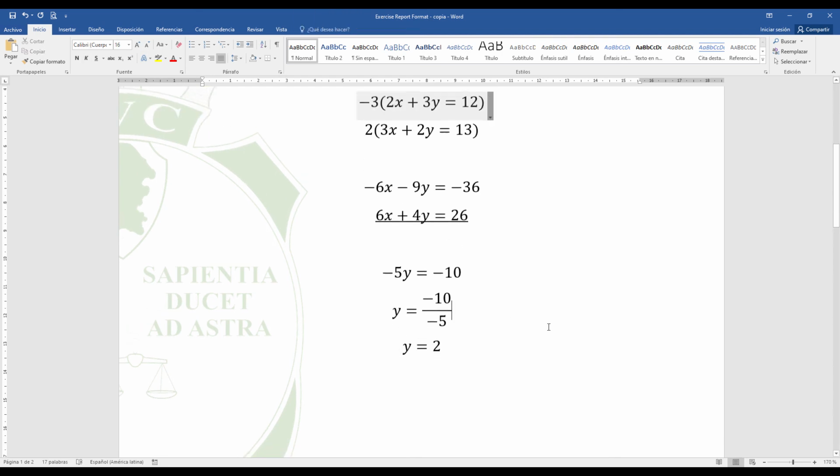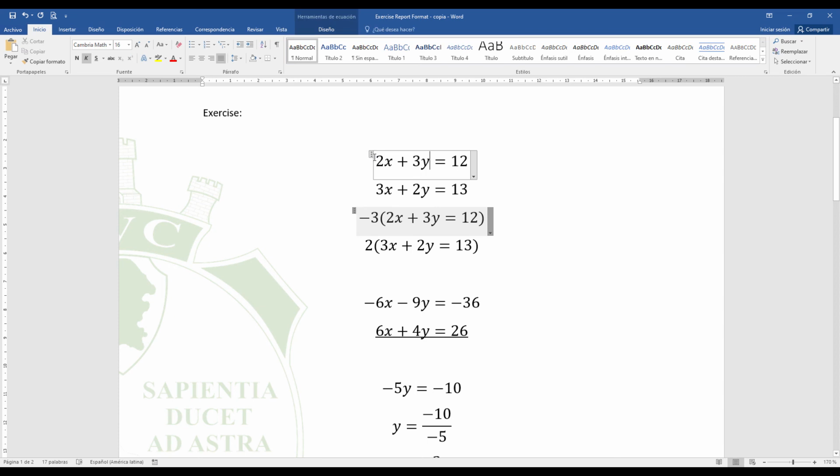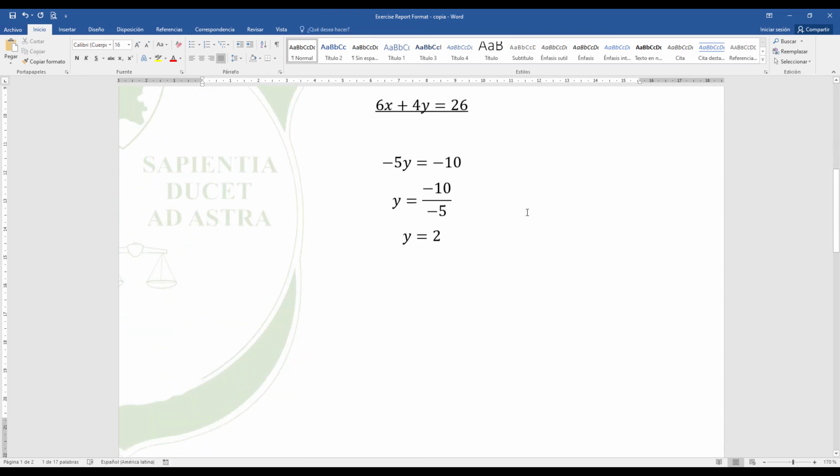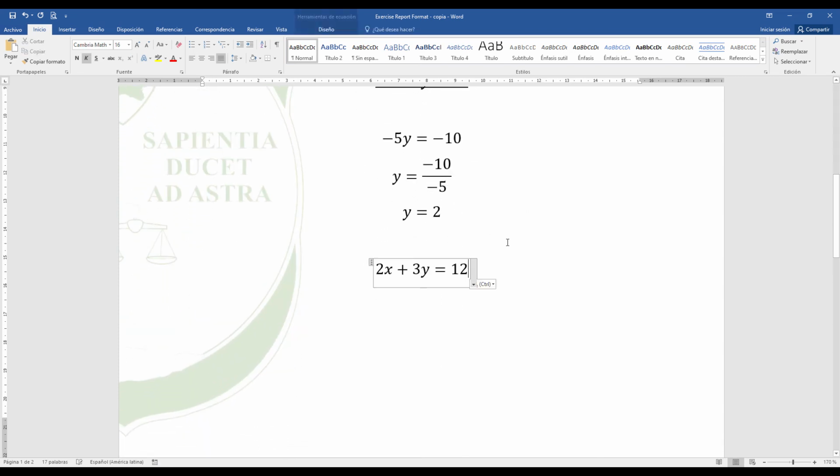Now you only need to substitute the value here, which is equal to 2. So this is 6 and it can pass to the other side.